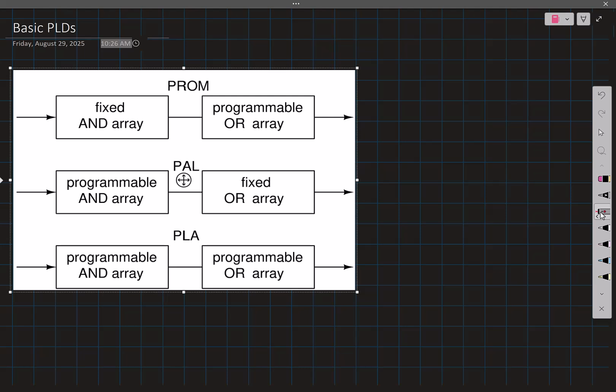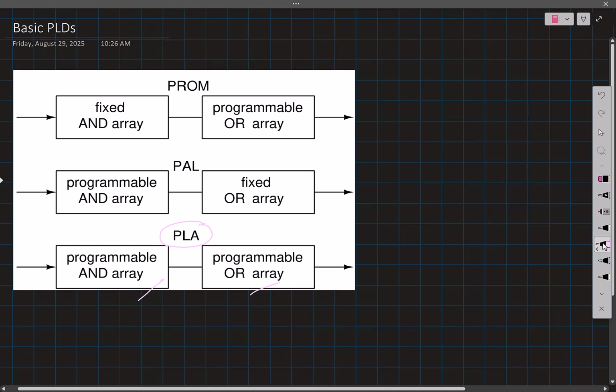If you make both your AND and the OR array programmable, then it is called a programmable logic array. If you have your AND gates alone programmable and you use a fixed OR gate array, then it is called a programmable array logic.